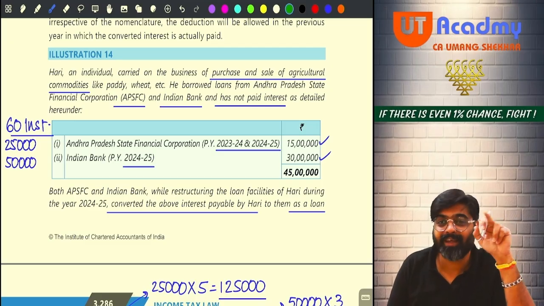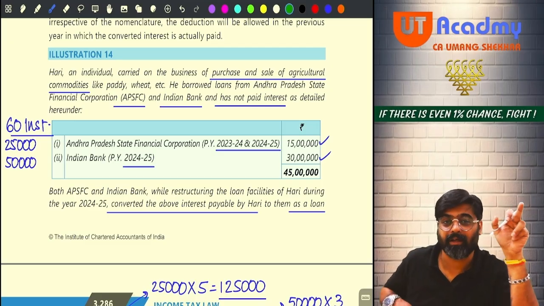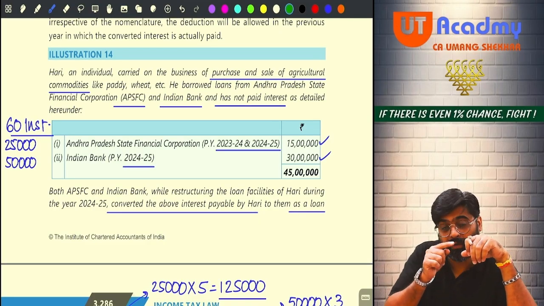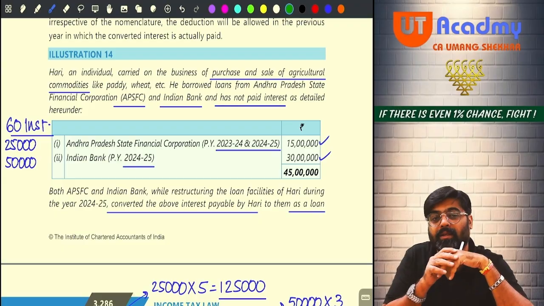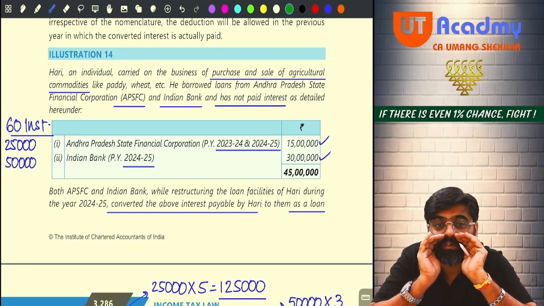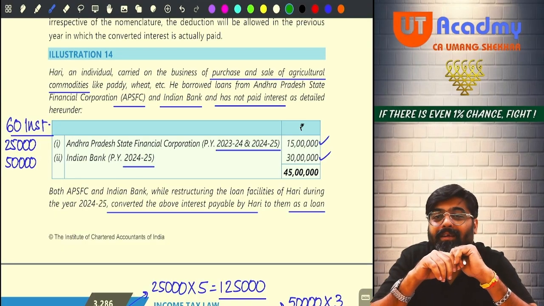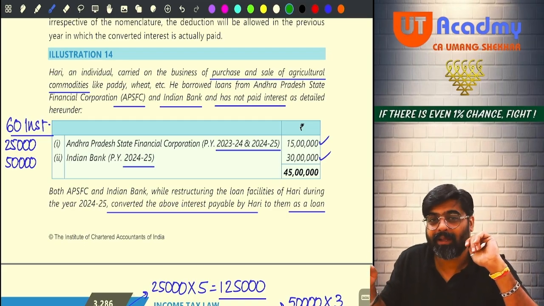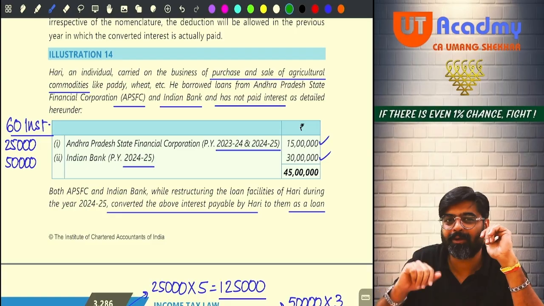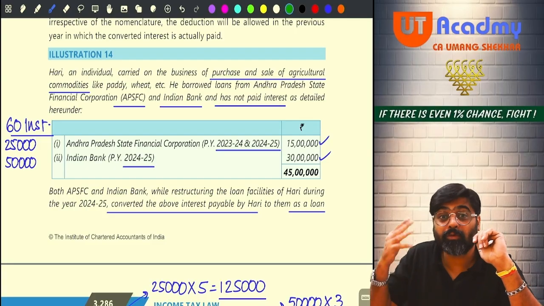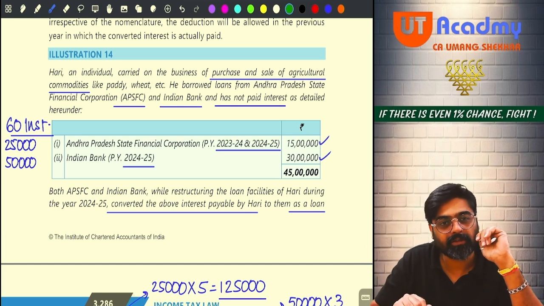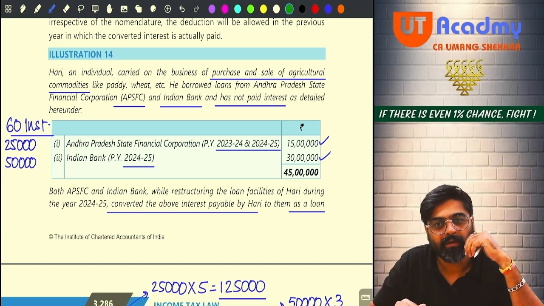PFI, SFC, SIIC, yes or no, etc. Specified lenders, you are taking a loan, and now that on that loan you were supposed to pay interest. Last 3 years interest you did not pay. 2 lakh, 1 lakh 50, 1 lakh, total 4 lakh 50 you did not pay. So that was not allowed. As per 43B, such interest for last 3 years were disallowed.